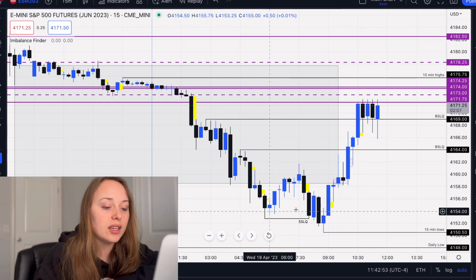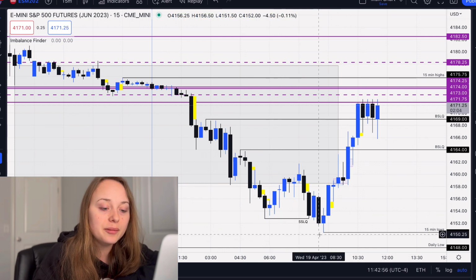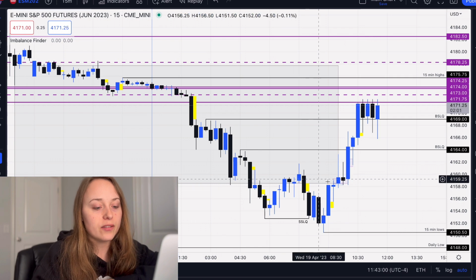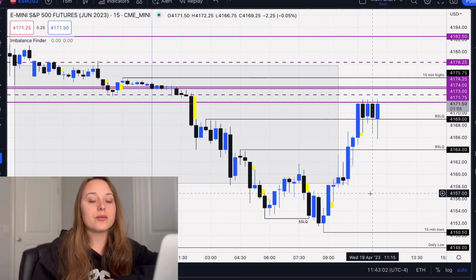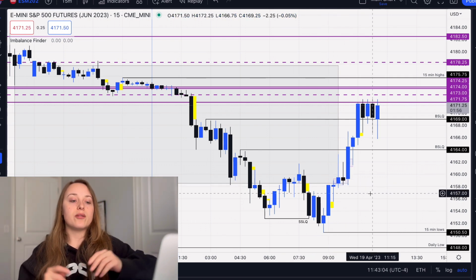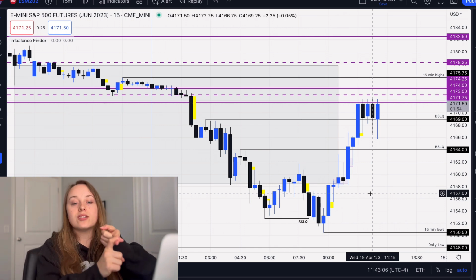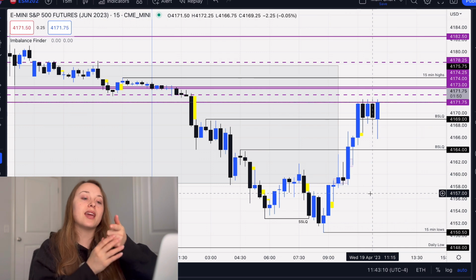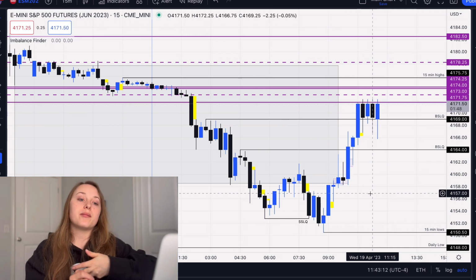I noticed down here we took out some sell side liquidity and we're trading higher. We have this fair value gap here that we filled in, but the reason I liked buys today was, one, we're in consolidation, so the market is likely to draw back towards the new week opening gap, fill in the opening range gap.